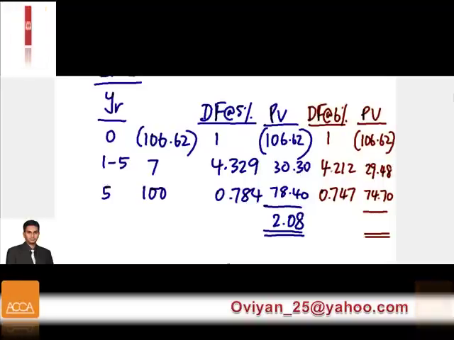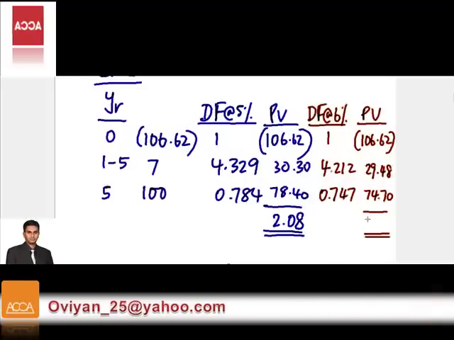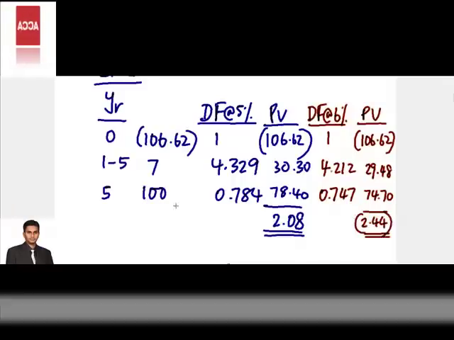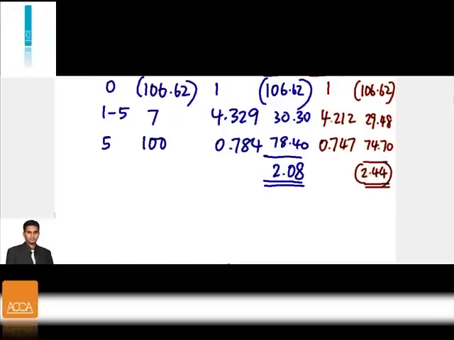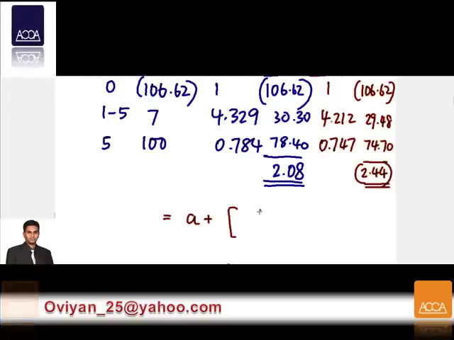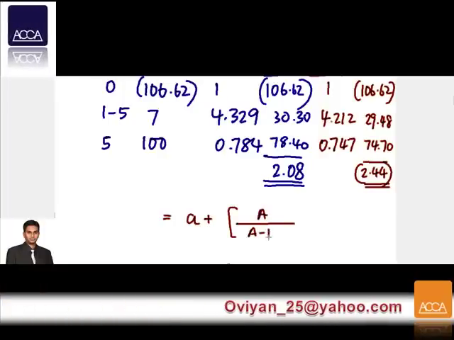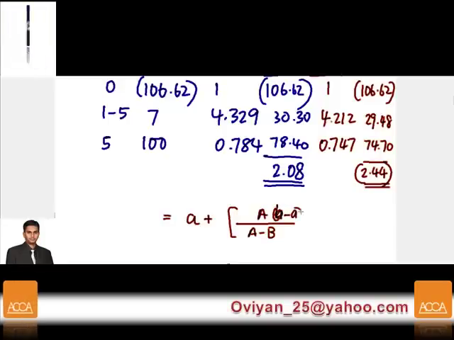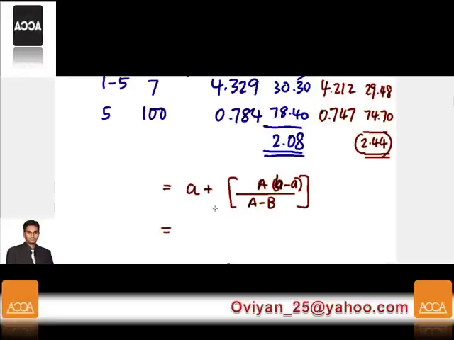So moving on, you will get 2.44 negative. The yield to maturity, or the return, will be equal to the IRR formula: small a plus big A over big A minus big B, times small b minus small a in brackets.